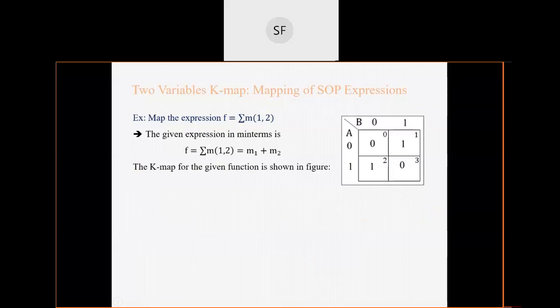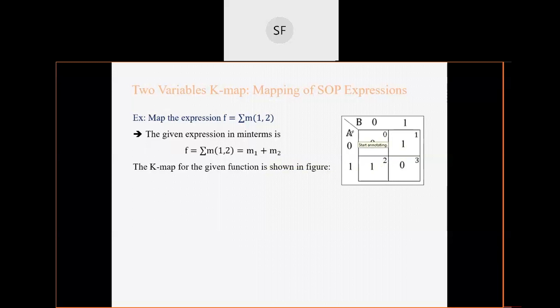That means in your function, two min terms are present, and the two min terms are 1 and 2. So now you have to map this function f equals summation of min terms 1, 2. It is nothing but two min terms present, m1 plus m2. Since it is sum of min terms, you have to give the sum.